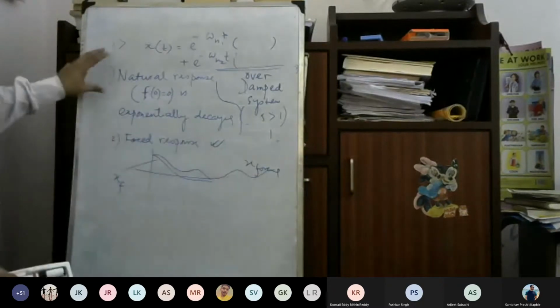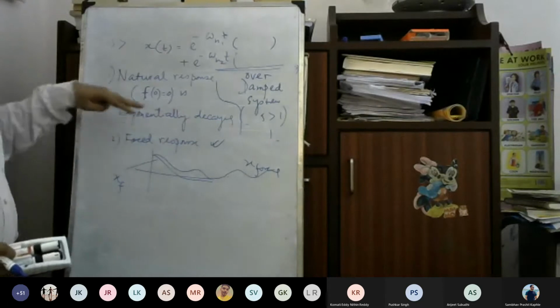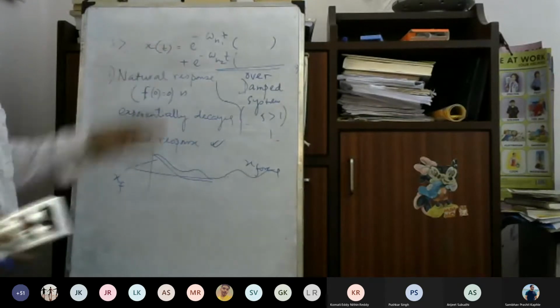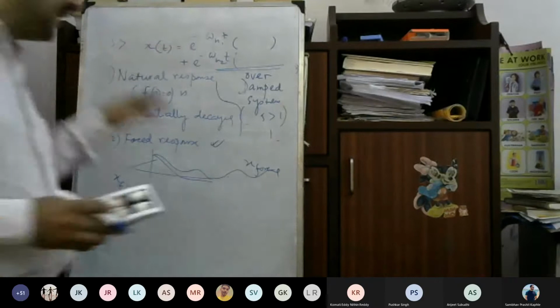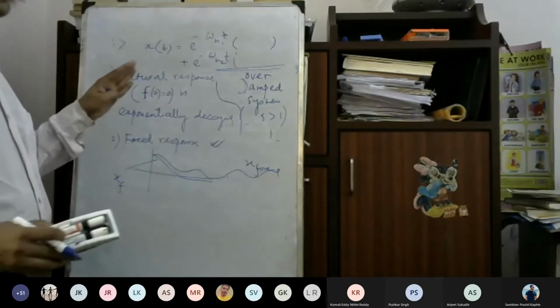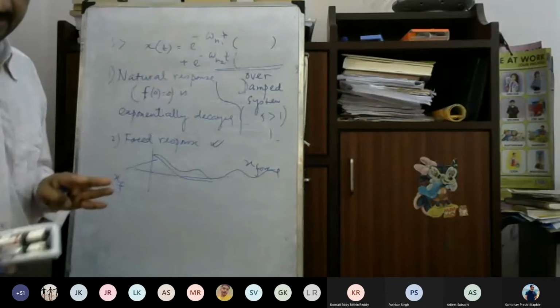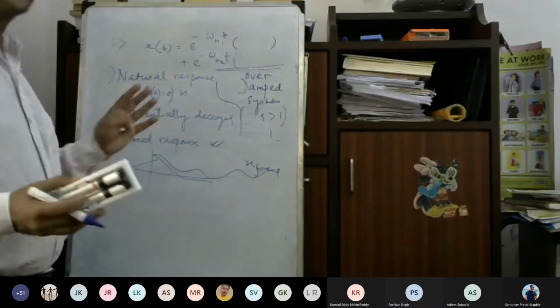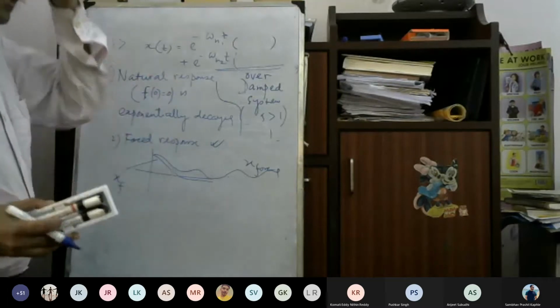So this is a damped system, but there is no oscillation. That means free vibration does not exist. It will just decay very fast to zero. So it is not actually an example of a vibrating system, because it is overdamped and does not show persistent vibration.